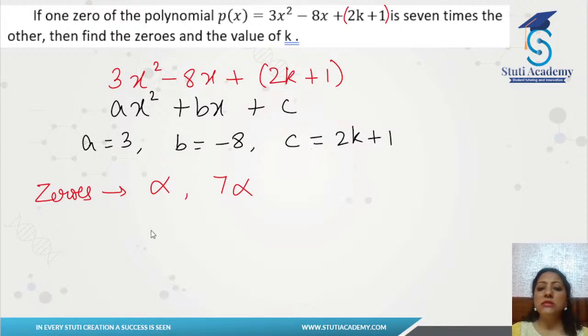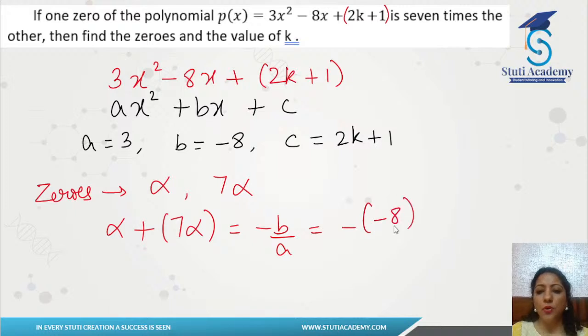Now, if I take the sum of the zeros, that is alpha plus 7 alpha in this case, the sum of the zeros is given by minus b upon a. Minus b upon a is 8 upon 3.